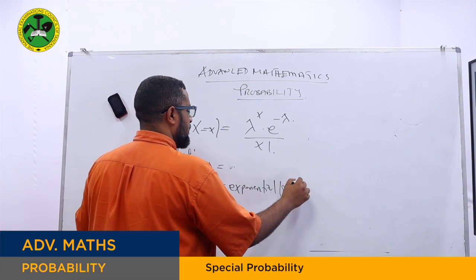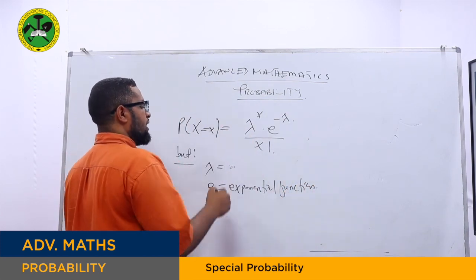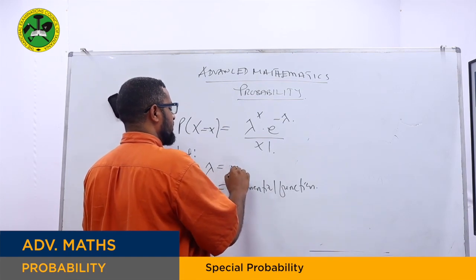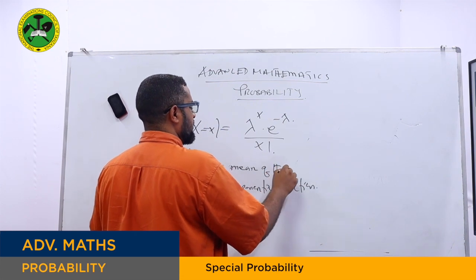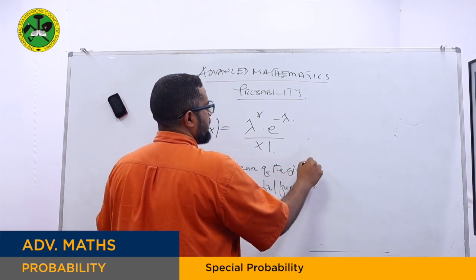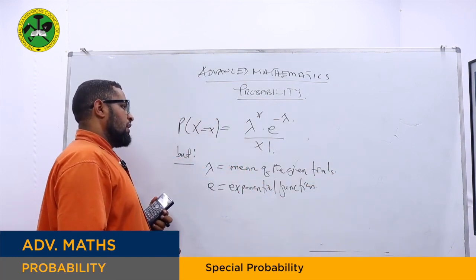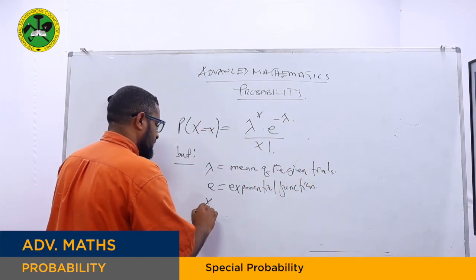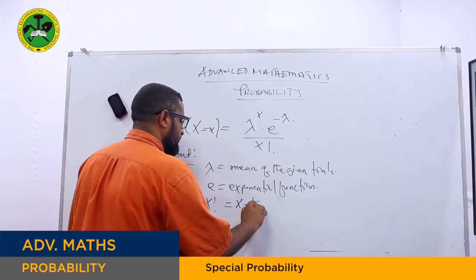And lambda is the mean of the given trial. And this one represents X factorial.